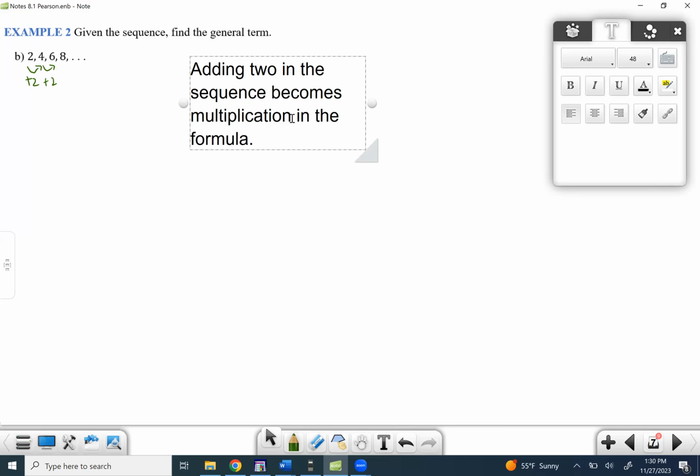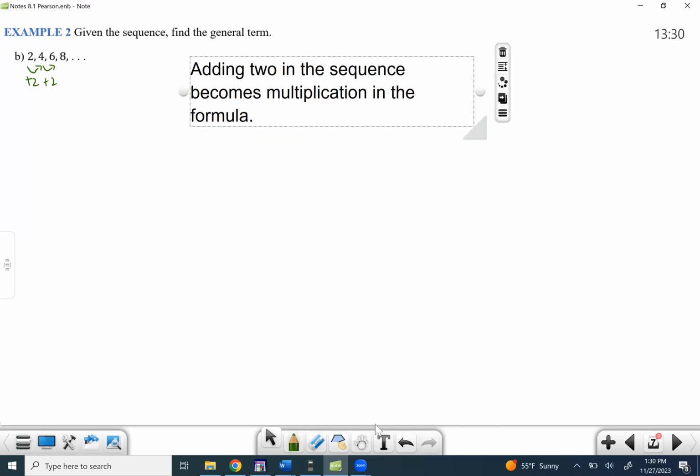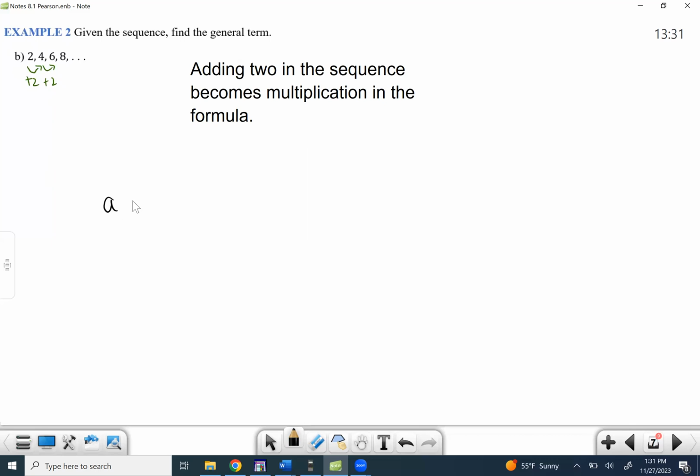You might have to do some fudging, which, a couple examples later, we're going to have to do. But on this one, we don't have to fudge, it's spot on. So this would be the formula that would generate it. Okay, so addition becomes multiplication.